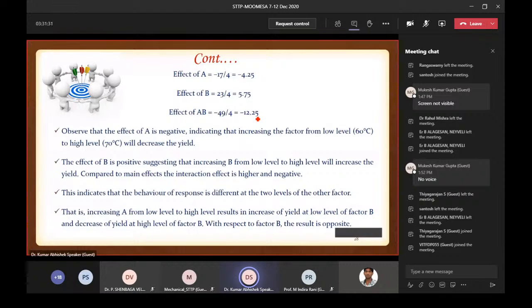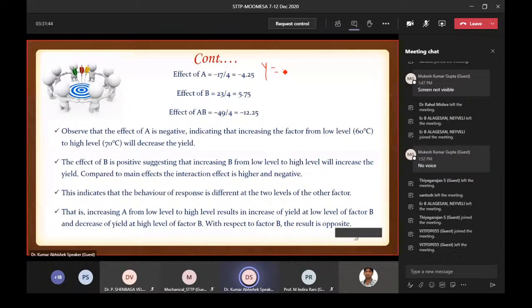From this you can conclude that, suppose Y is the yield, then Y equals minus 4.25 A plus 5.75 B minus 12.25 AB.